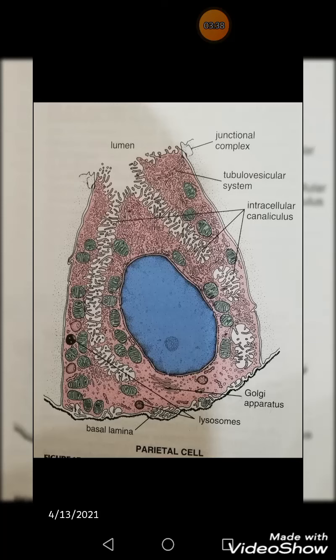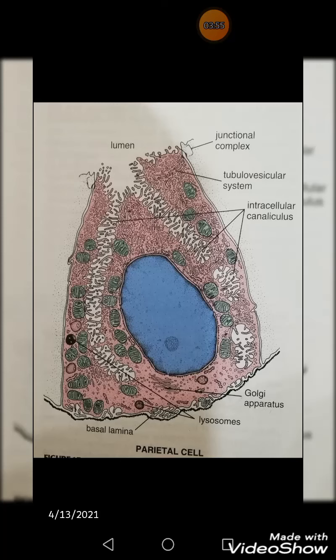And we were talking about its organelles. We have to tell that they are intensely acidophilic due to their abundant mitochondria, which definitely provide the high level of energy for the formation of acid inside.